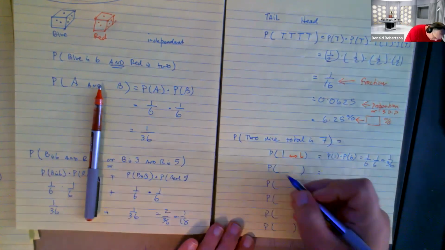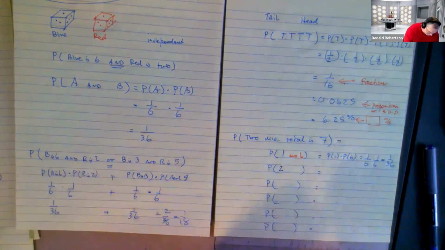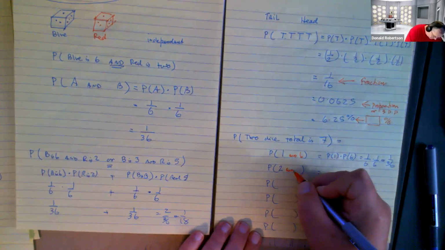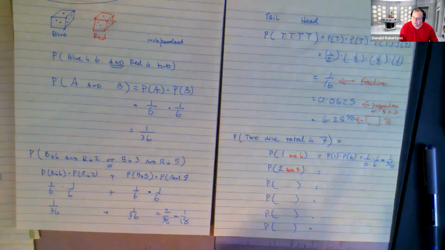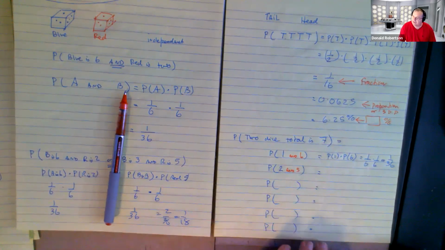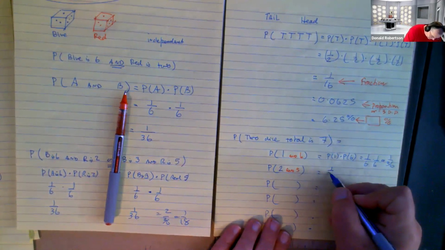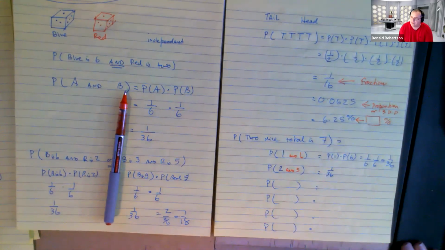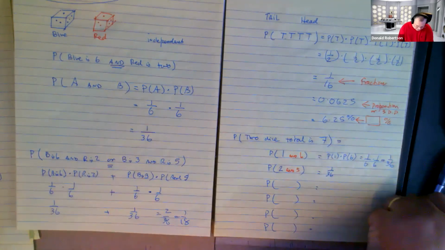Now, couldn't I end up with a 2 and a 5? Would you agree? Blue 2, red 5 adds up to 7 as well. Would you also agree that it's going to eventually be 1/36 when I've finished? What's the next one going to be?